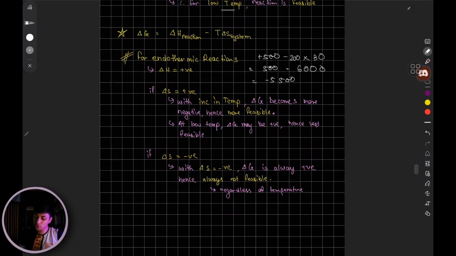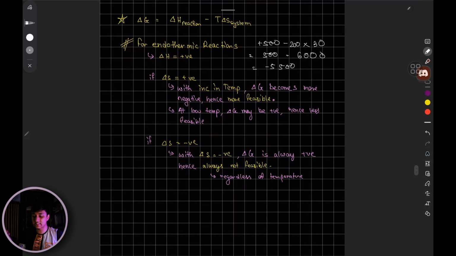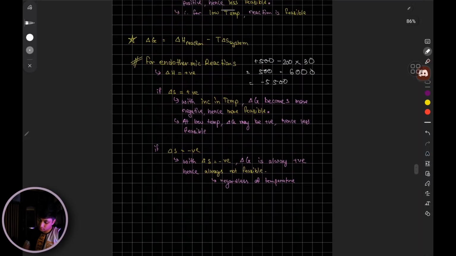So no matter how you change the temperature, your ultimate change in Gibbs free energy will never be negative. Therefore, if your change in entropy is negative and it is also an endothermic reaction, it will always be not feasible. So these reactions are never feasible and these reactions will not take place. If del S is negative with an endothermic reaction, del G is always positive, hence never feasible, regardless of the temperature.